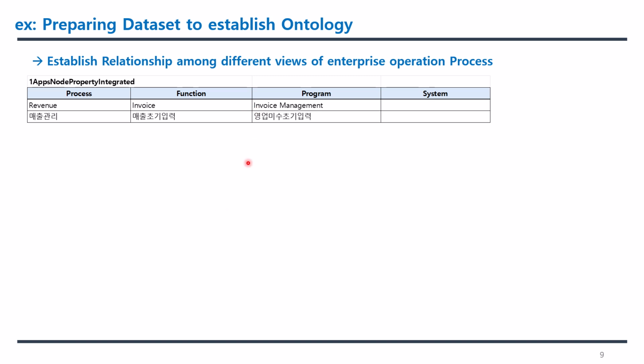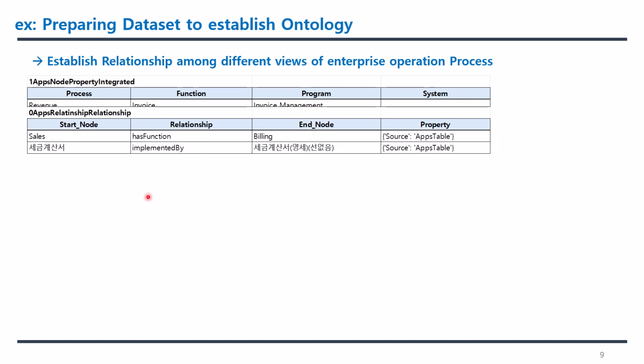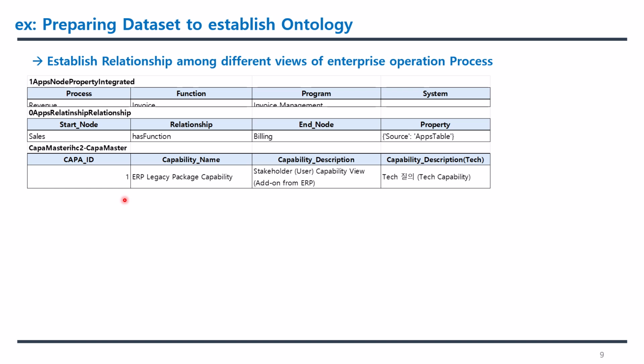So for example, this is a very brief look at how I started integrating the legacy data for generating an ontology data set. I have integrated all this legacy information manifesting the process, function, program, system. And then this is knowledge graph type of information, which shows the starting node and end node and the relationship between these two nodes and relevant property.